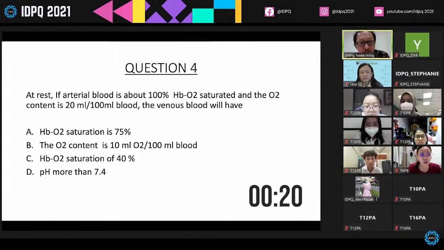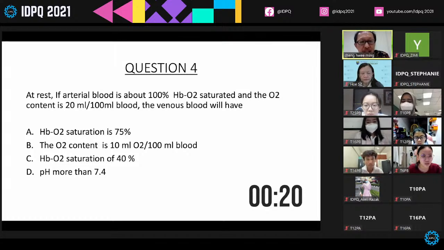Hemoglobin oxygen saturation is 75%, oxygen content is 10 ml oxygen per 100 ml, or hemoglobin oxygen saturation is 40%, or the venous blood pH is more than 7.4. Let me repeat.